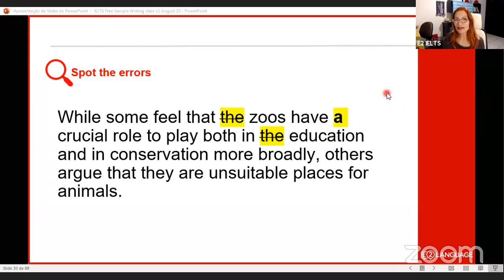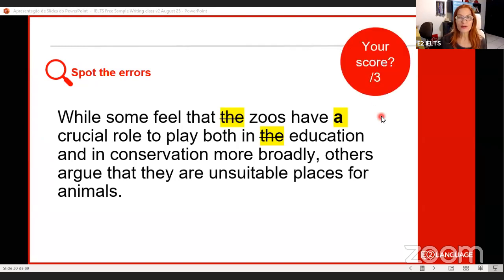So it's not the fact that it is uncountable that stops you from using an article. But if you say the people, now what people? The people in Canada, then okay, but people in Canada, no, you couldn't use that. It really doesn't make sense at all because once again, the is for specifics, okay?